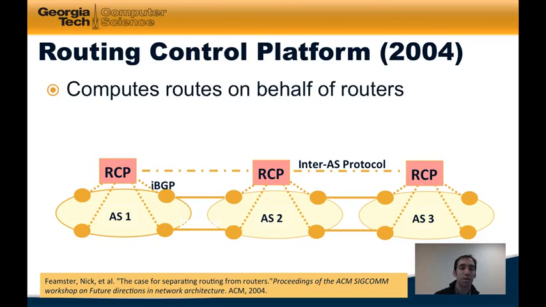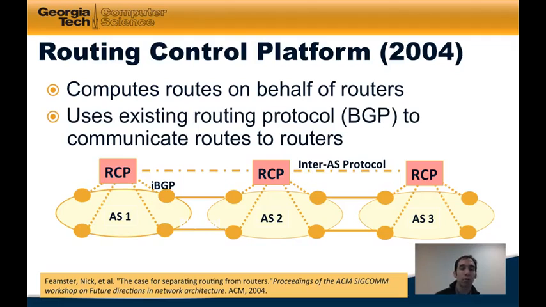The idea was that every autonomous system or independently operated network might have a routing control platform, or an RCP, which would compute routes on behalf of the routers and then use the existing BGP protocols to communicate these routes to the routers. So the idea was that computation would happen up here in the RCP, but once the routes were computed, the results of that computation would be pushed into the router's forwarding tables by standard routing protocols.